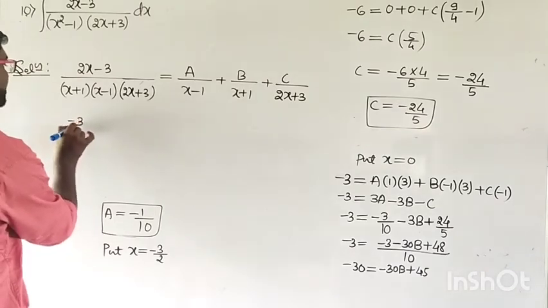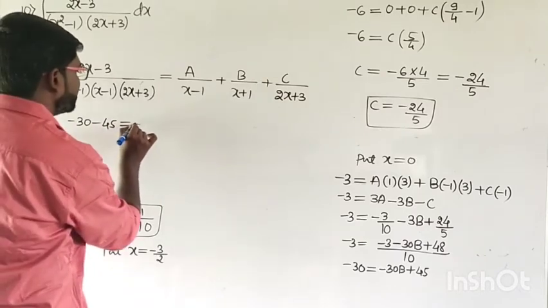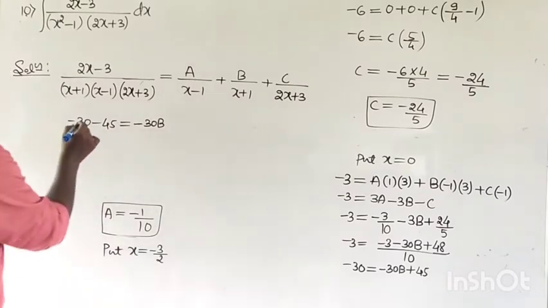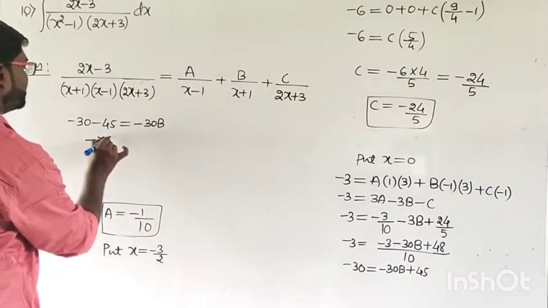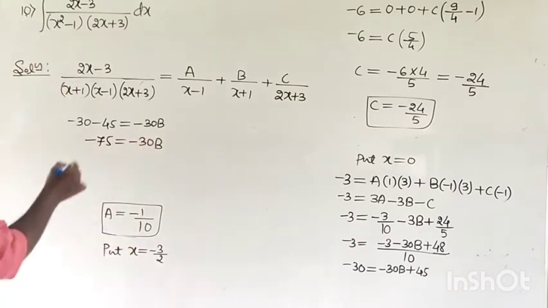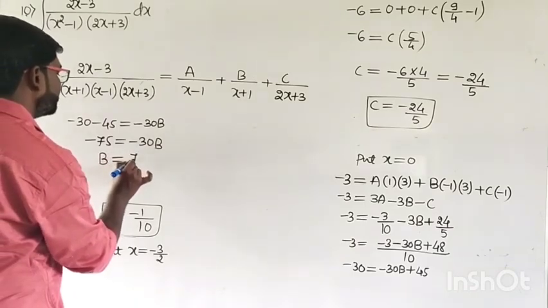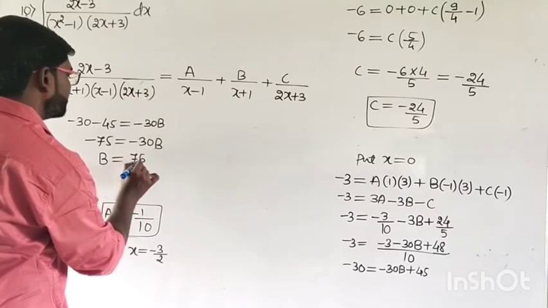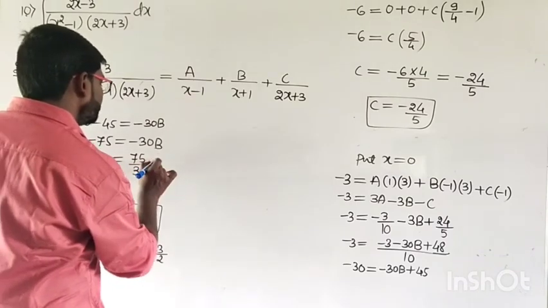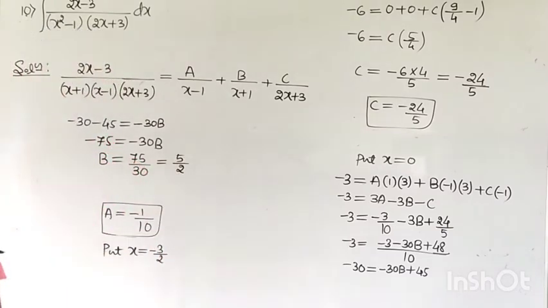So minus 30 minus 45 is equal to minus 30B. Then what do we get here? We get minus 75, which is equal to minus 30B. Then minus and minus get cancelled. B is equal to 75 divided by 30. So what is the value of B now? It is 5 divided by 2. The value of B is 5 by 2.